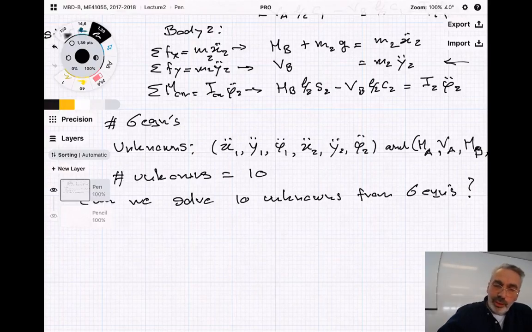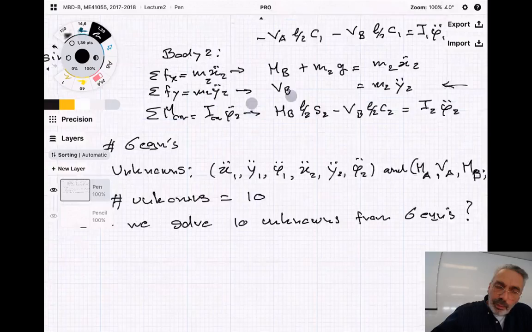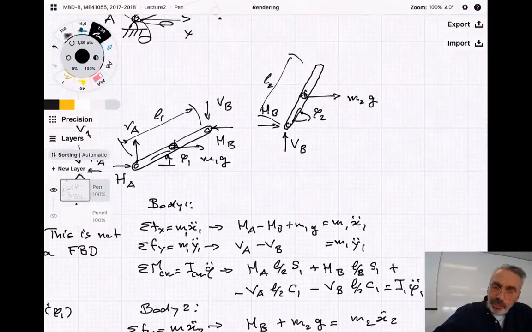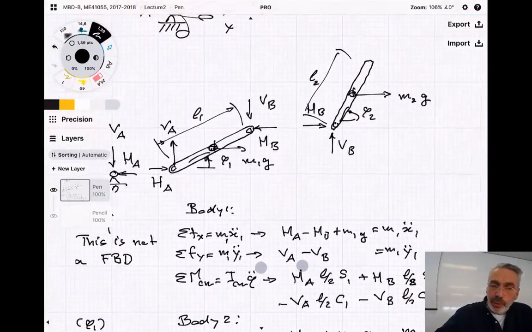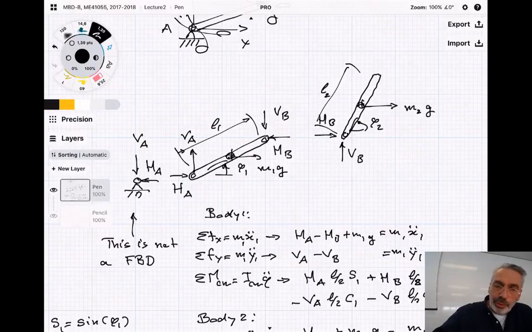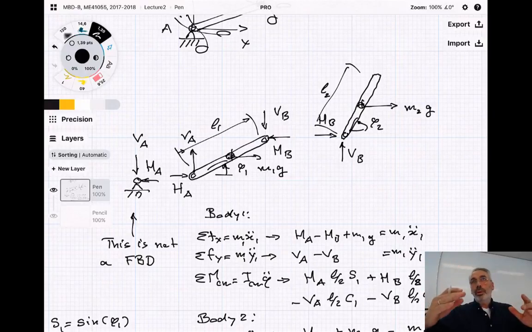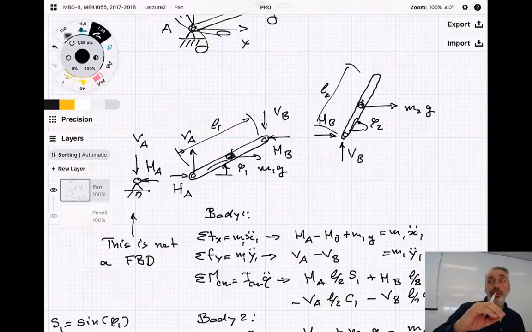Exactly. The joint. Because if we look at this system, the system of equations we derived until now is for this system. And this system is just two rigid bodies floating in space. But that was not our system. Our system was two rigid bodies which are interconnected at two joints and then in space with forces.